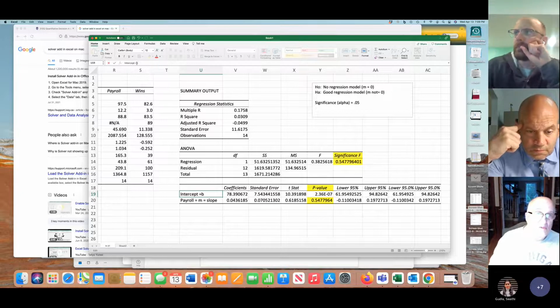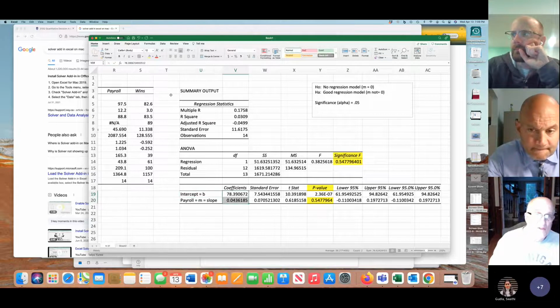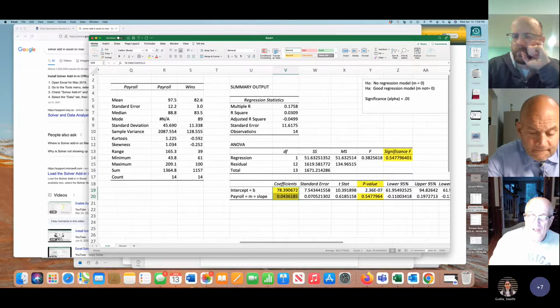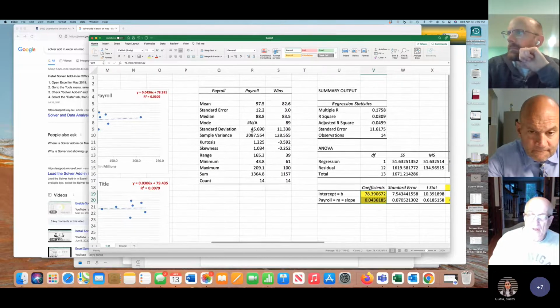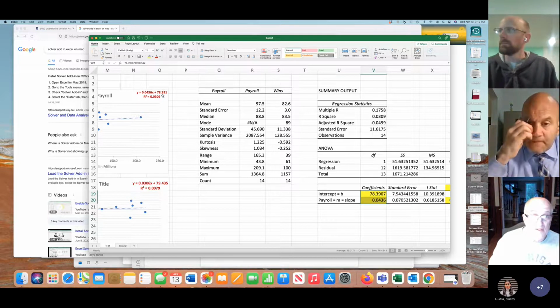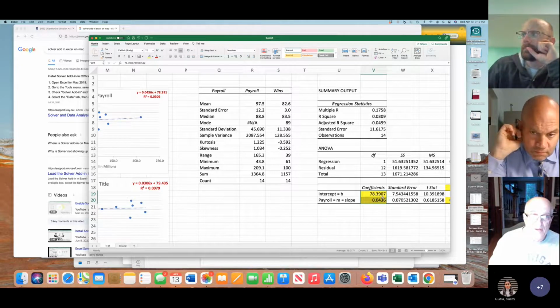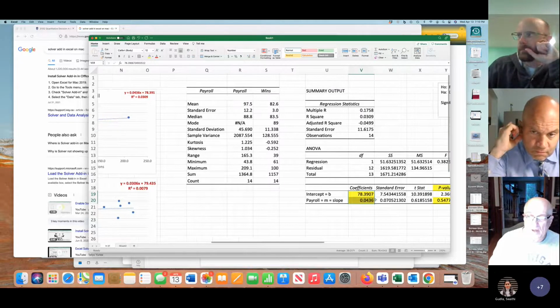And I'm going to make the ones I'm highlighting in yellow the numbers you're really going to pluck off this thing. Well, let's make these 4 decimal places. 0.0436, there's the slope.